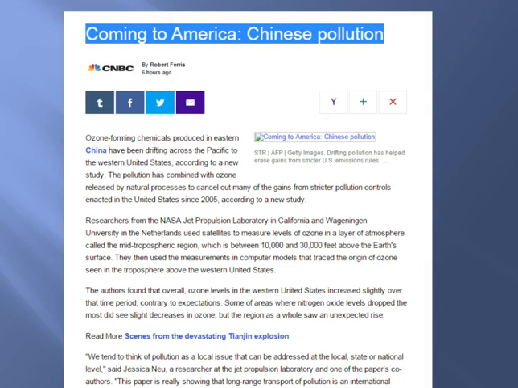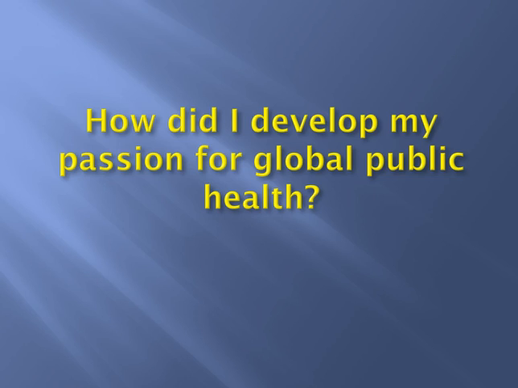Here's an example of Chinese pollution that has drifted across the Pacific to the western US. A huge, huge challenge that we're impacted with. So anyway, global issues are our issues are their issues. We're all interconnected around the globe.